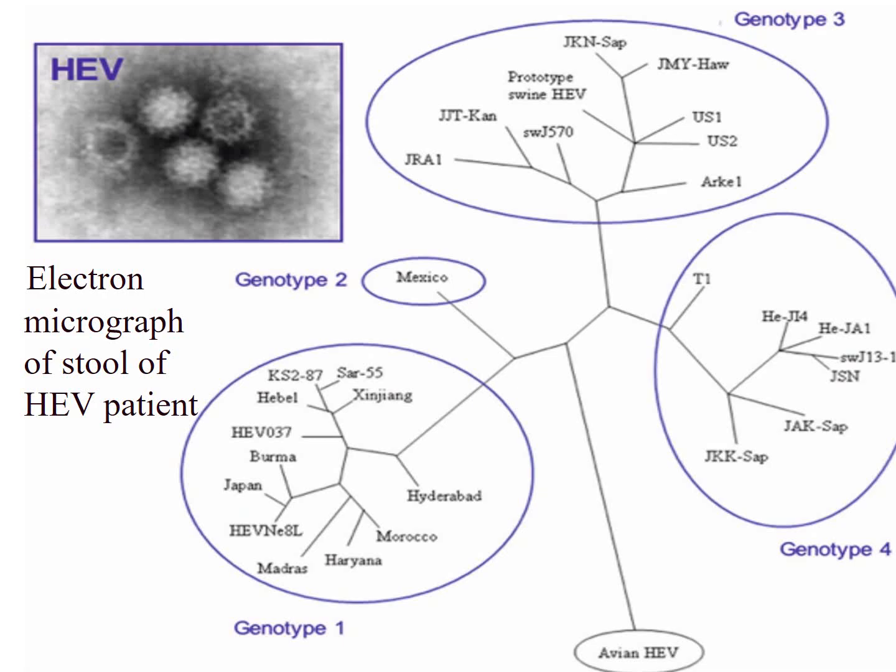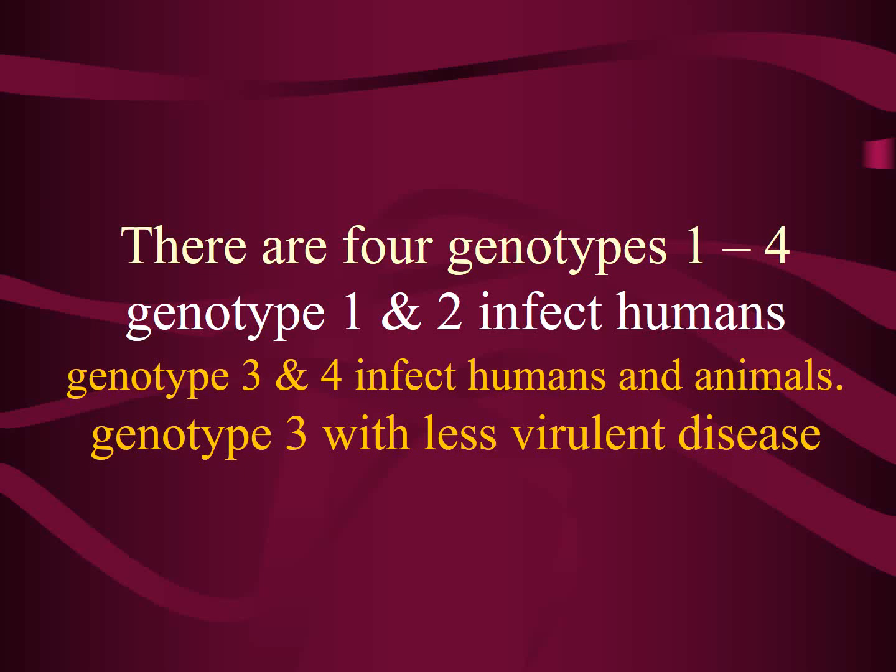Genotypes 1, 2, 3 and 4. Genotypes 1 and 2 usually infect humans. Genotypes 3 and 4 infect humans and animals. Genotype 3 is less virulent, therefore the infection may come and go, and we do not feel that we have acute hepatitis E virus.